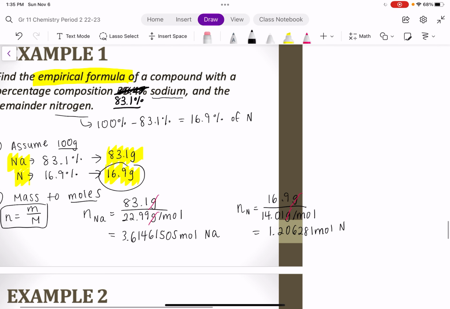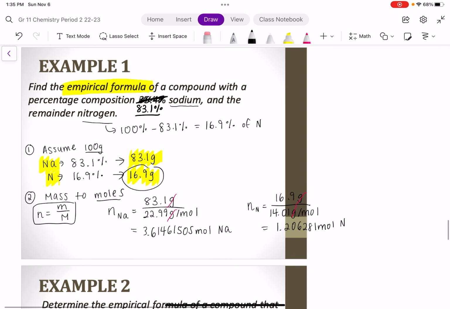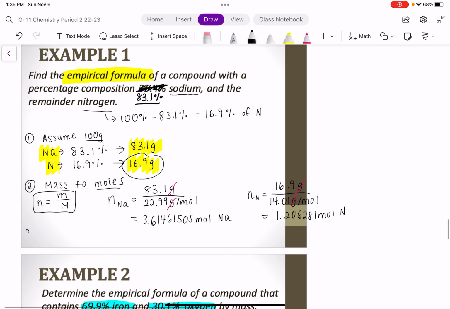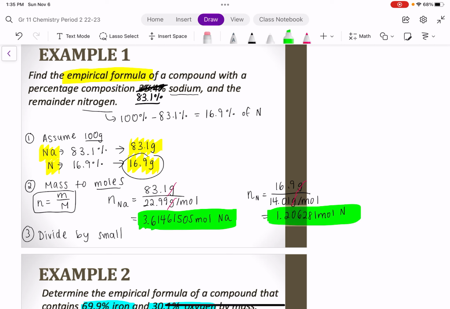Now that I have the total amount of each element in moles, the next step is to divide by small, or divide by the smallest number. Taking a look at the mole values of these two elements that make up my compound, I'm going to divide by whichever mole number is the smallest. In this case, it is nitrogen, 1.206281.